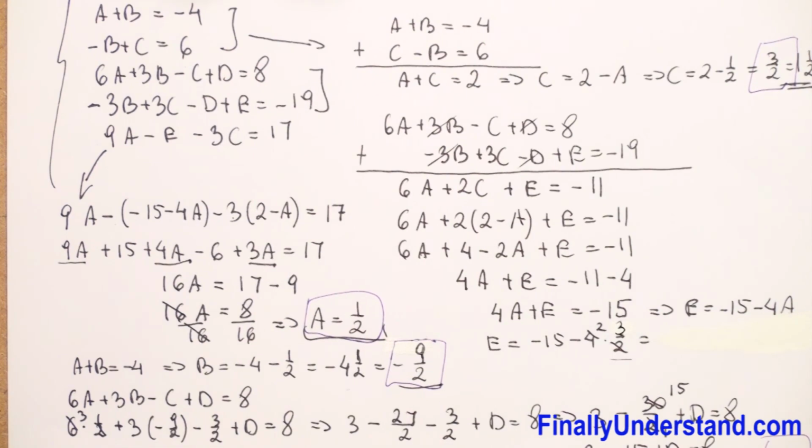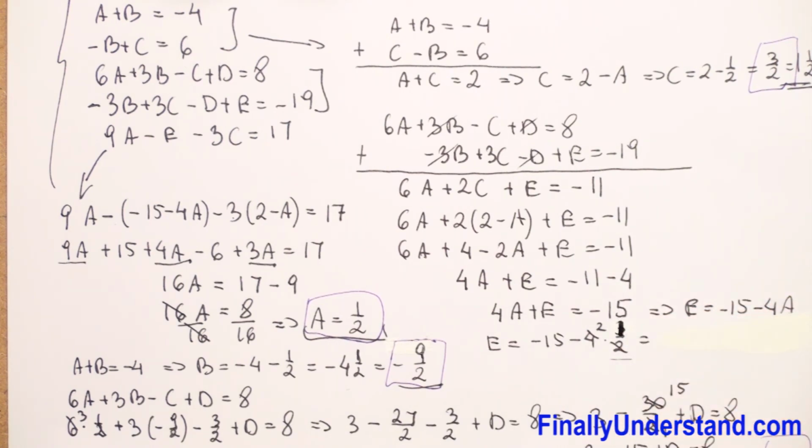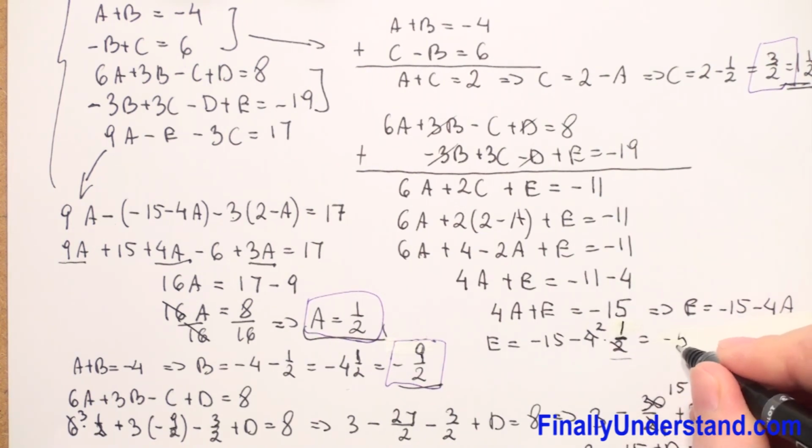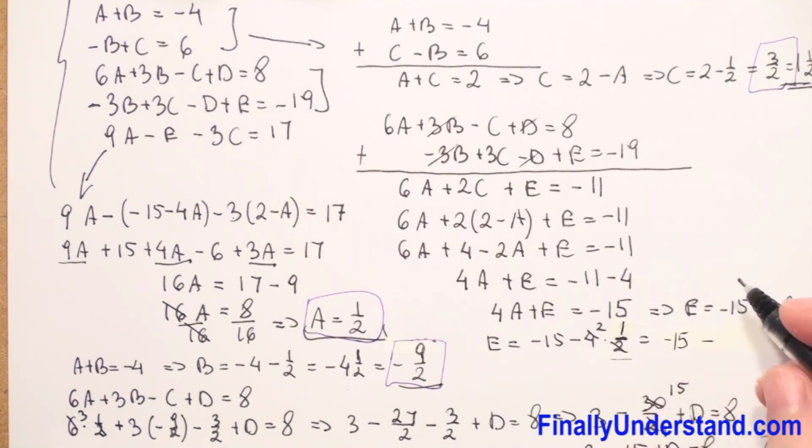I have to make one correction because e is equal negative 15 minus 4a, and I wrote that we have that a is 3/2, so here should be 1/2. So now we have negative 15 minus 2, 4 times 1/2 is 2. So this is equal negative 17.